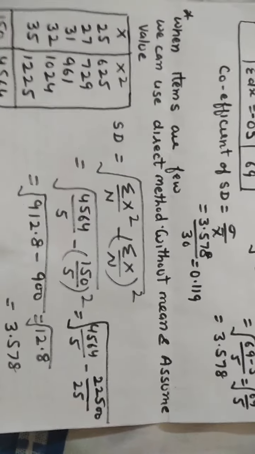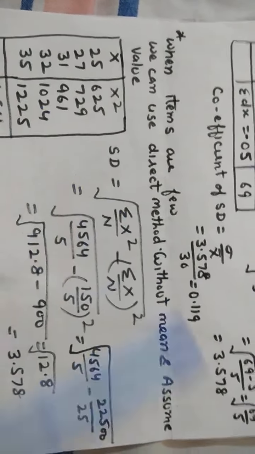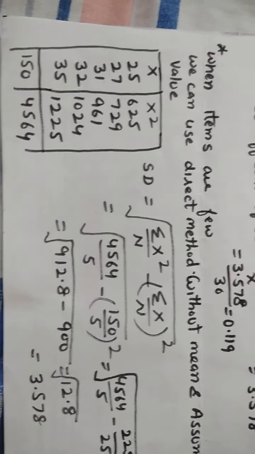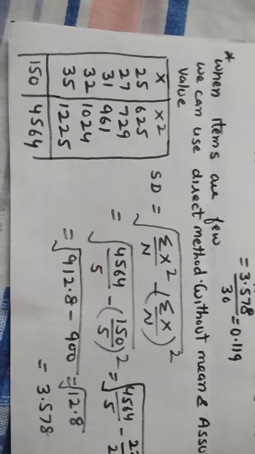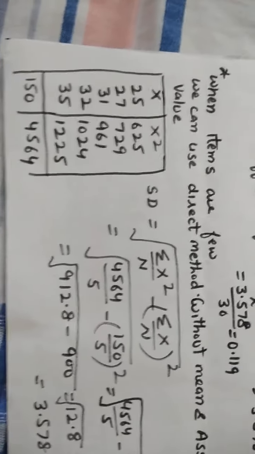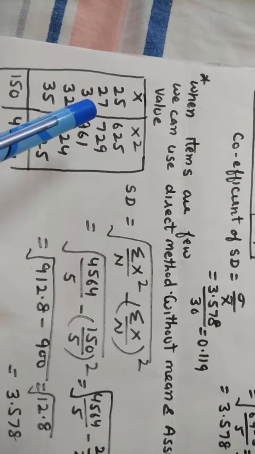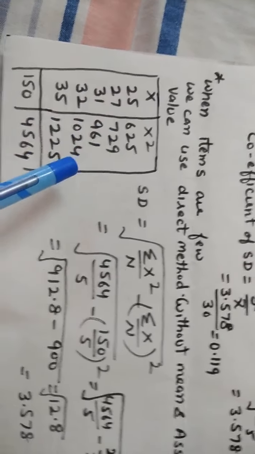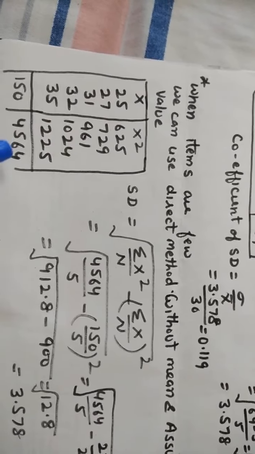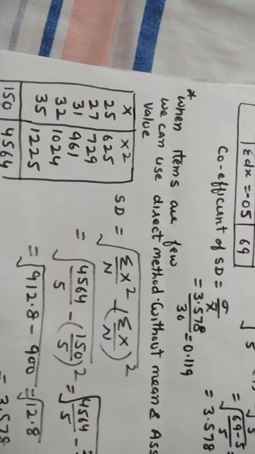When items are very few, then we do by direct method. Take square of variables, we get square of 25 is 625, square of 27 is 729, and so on. We get total of 4564. Total of x is 150.